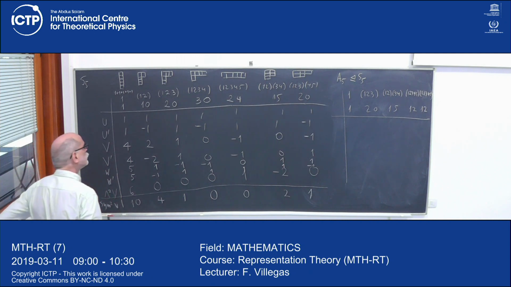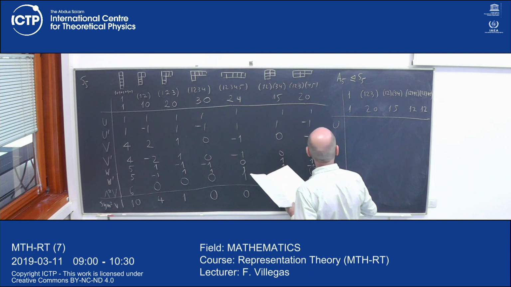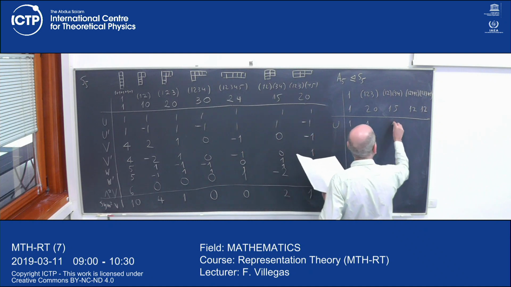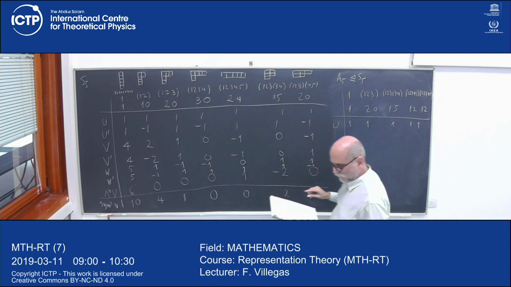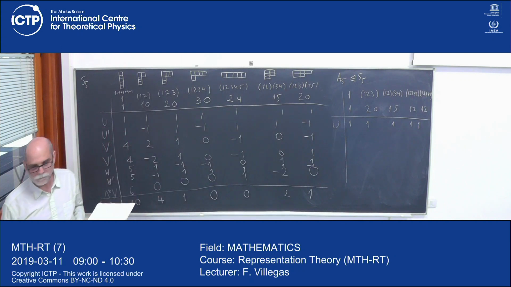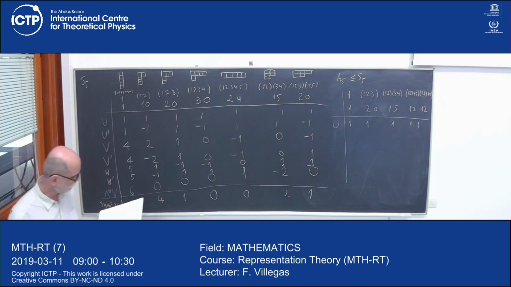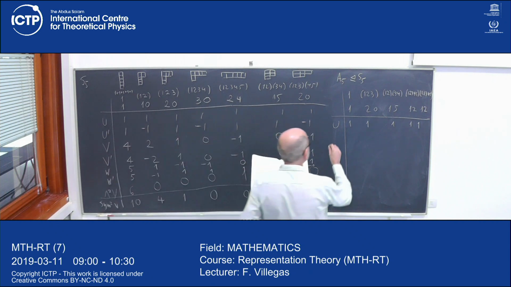Okay, I'll just quickly go over this. We can look at the trivial representation, which we always have. The sign representation we don't write down, because when you restrict to A5, it becomes the trivial representation, because everybody has sign +1. So it doesn't give us anything new.